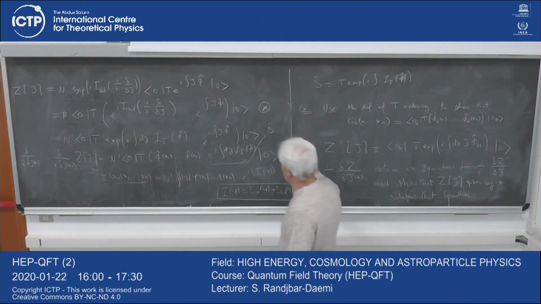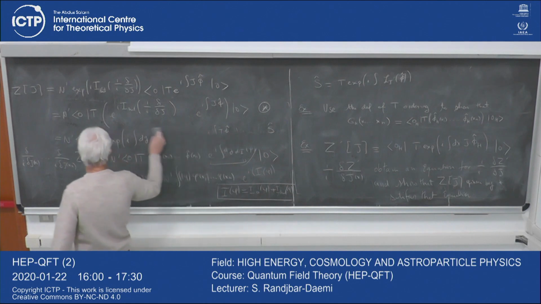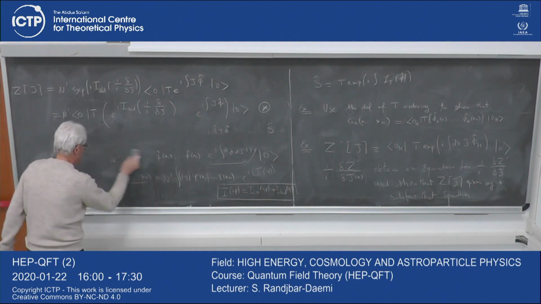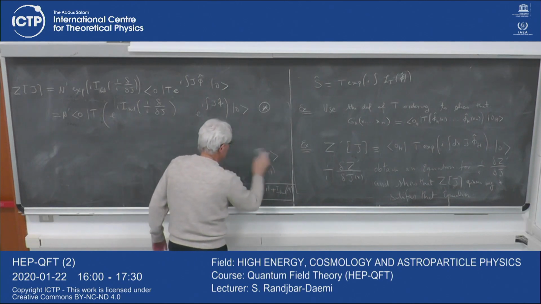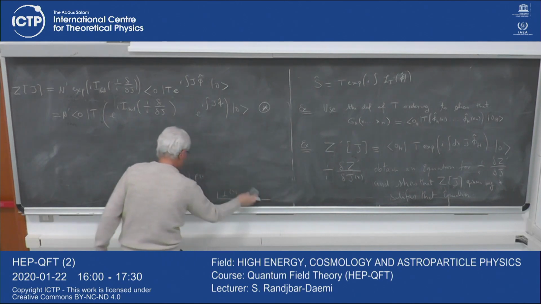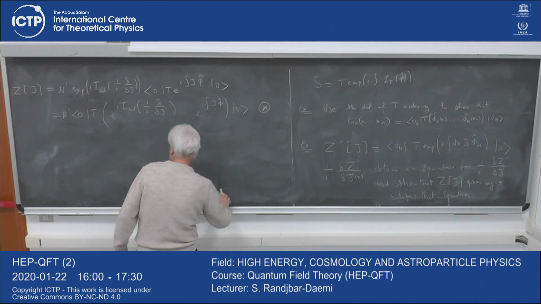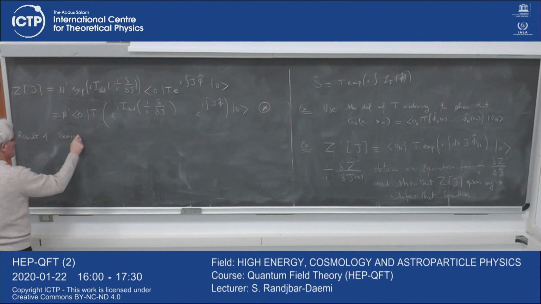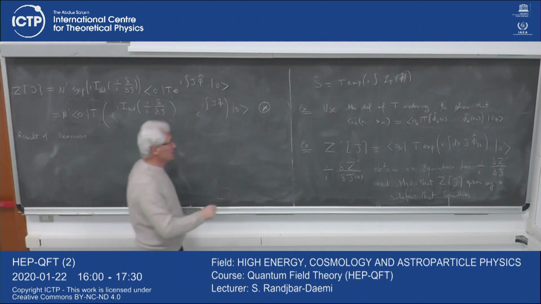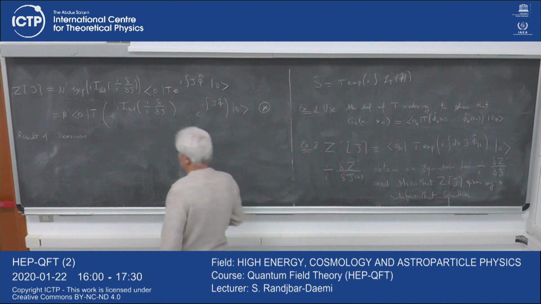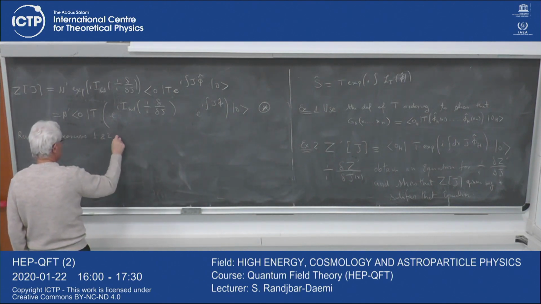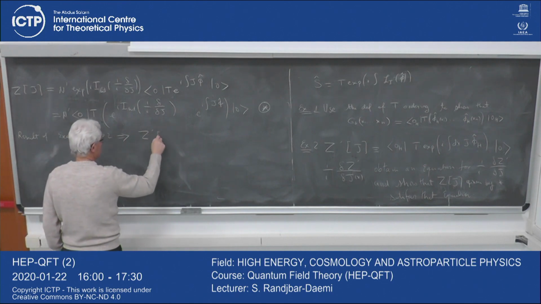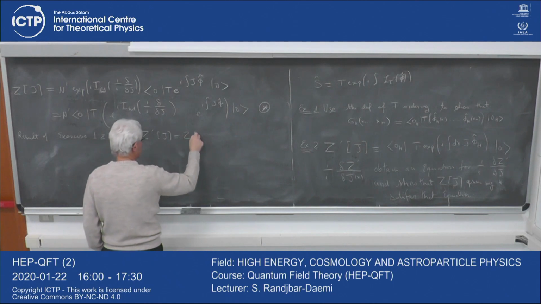So the result of these two exercises, this is 1 and this is 2. 1 and 2 will tell you that z prime of j is the same as z of j.